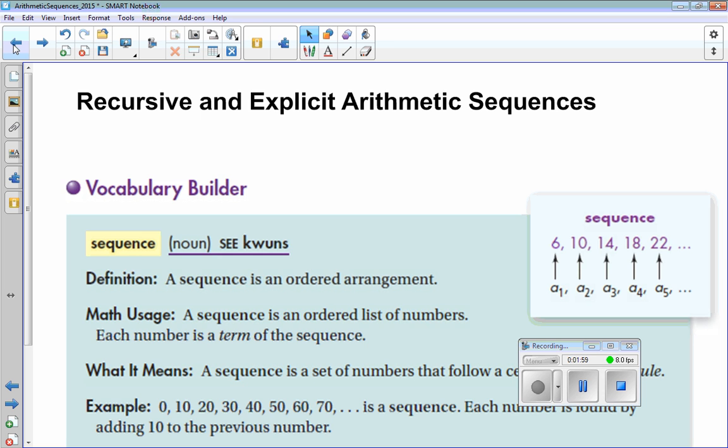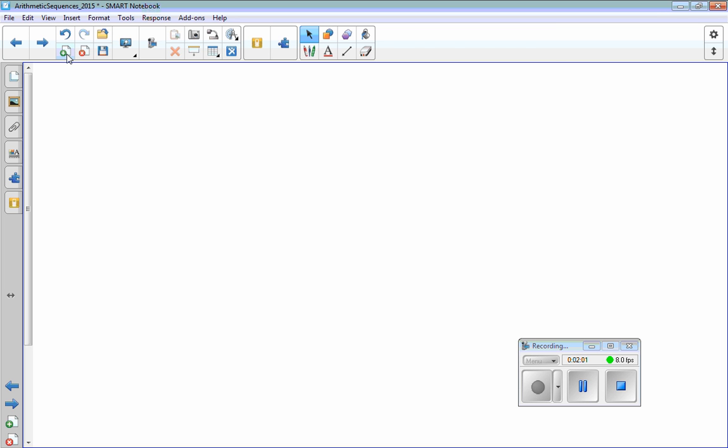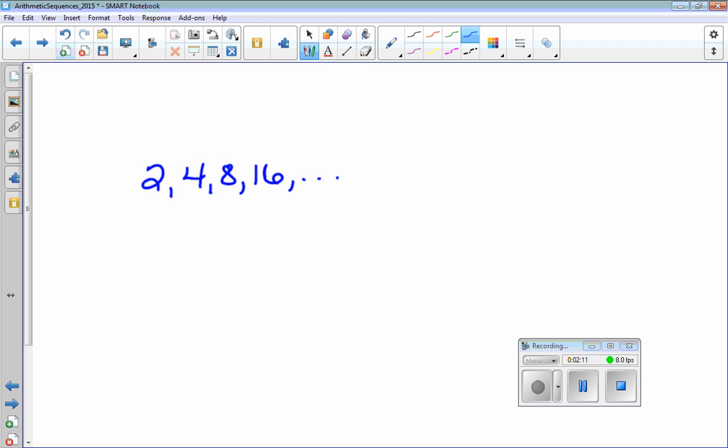Can you think of a sequence? Let me try to come up with one here. See if this is arithmetic. Is that an arithmetic sequence? I heard yes and I heard no. If you're multiplying this time, right?